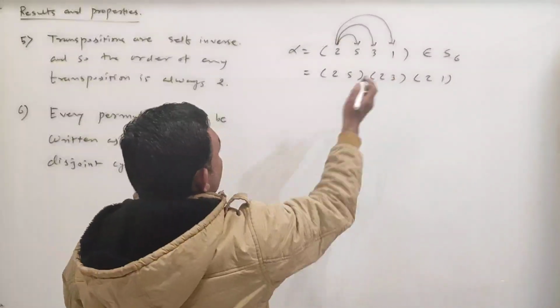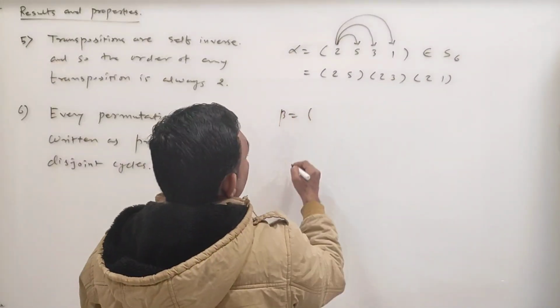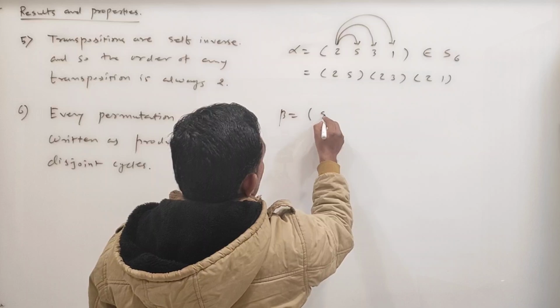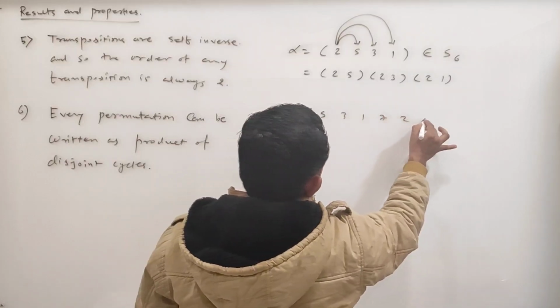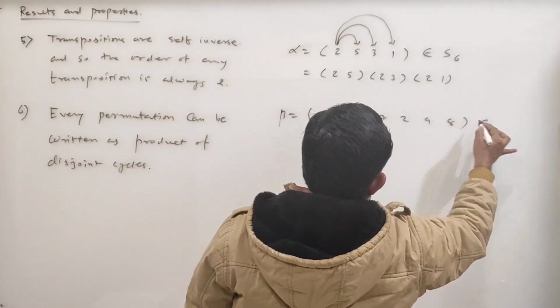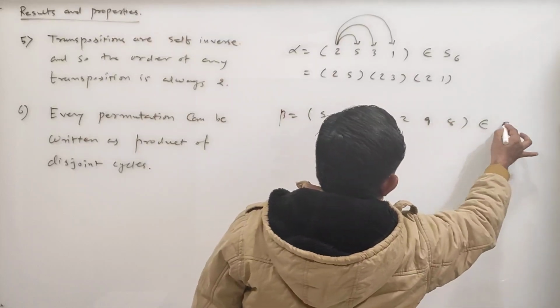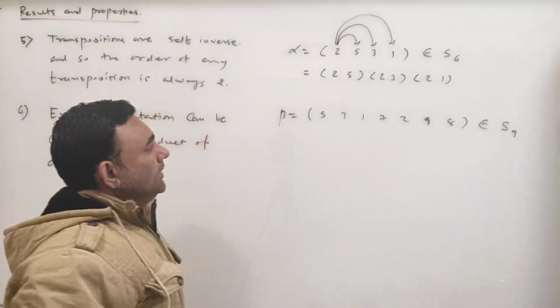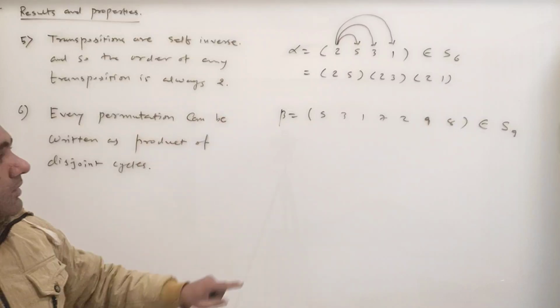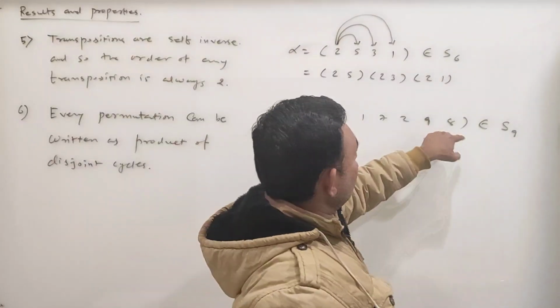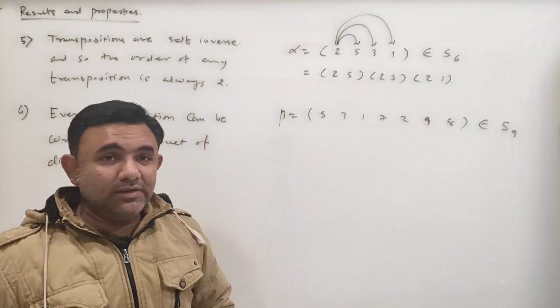So suppose I have say beta is equal to (5 3 1 7 2 9 8) belongs to S9. S9 का मैंने कोई ऐसा साइकिल ले लिया, 7 length का साइकिल इन S9.